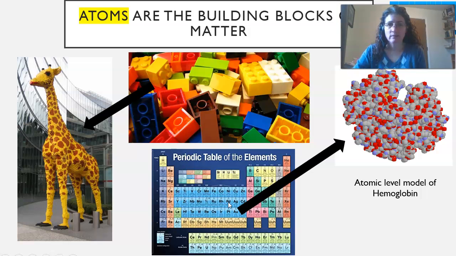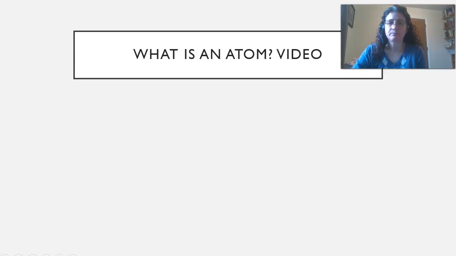Those elements or atoms will combine to form molecules. Just like one small Lego piece built together makes a very big giraffe, atoms come together and connect through chemical bonds and will build up large molecules.